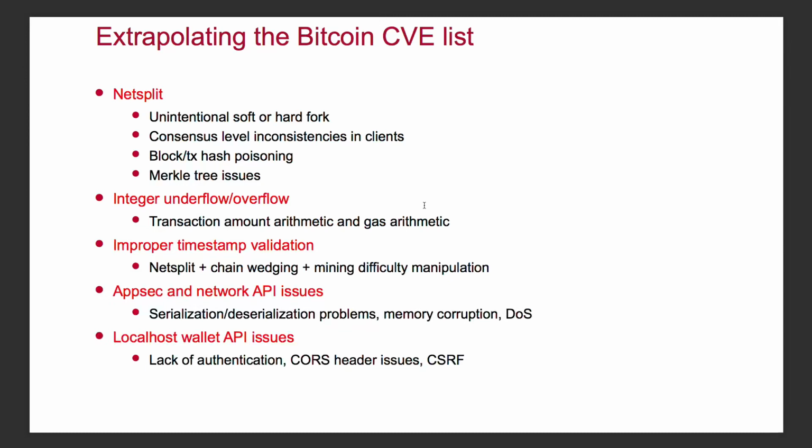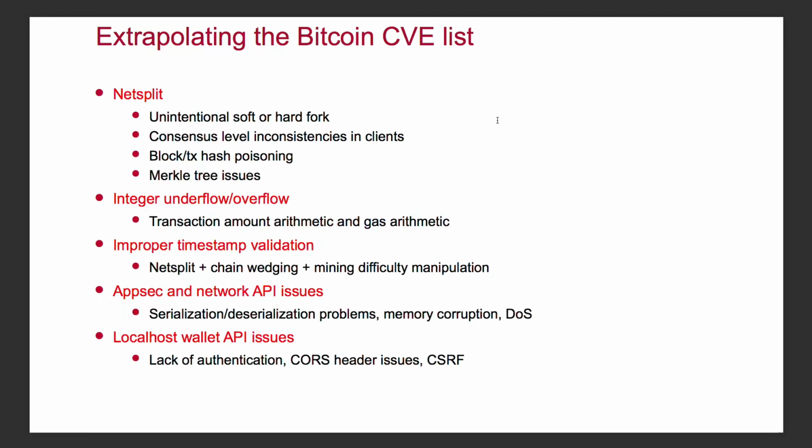And there are net split attacks. This is when the view of the ledger gets split across the nodes. There are several reasons. It could be an unintentional soft or hard fork. So if I'm updating a client that I have already used in the network and the whole network is supposed to update it, then an unintentional fork would be something like, I'm not expecting the consensus rules to be changed, and yet they do change.